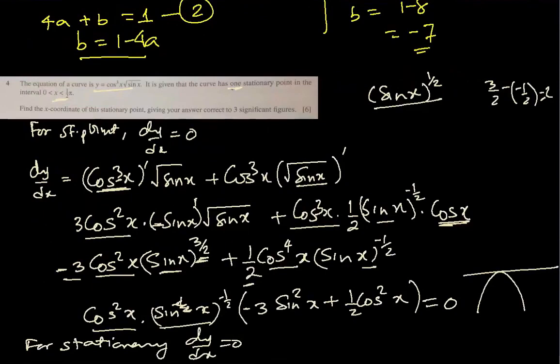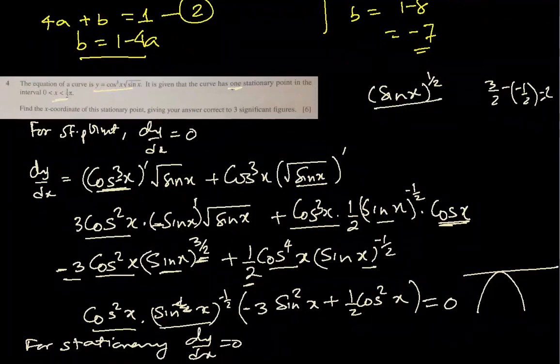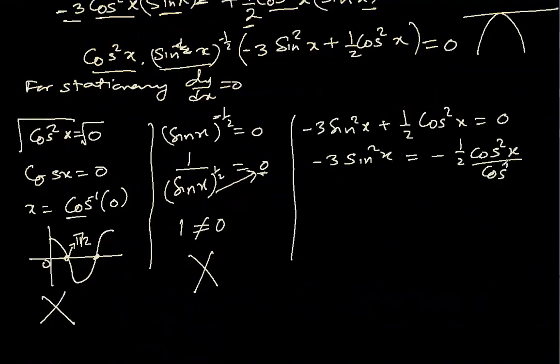All right, this will give us, I think, 3 sin square x equal to minus half cos square x. This is how we can rearrange this. Divide both sides by cos square x. So cos square x is gone here. This becomes minus 3 tan square x equal to negative half.